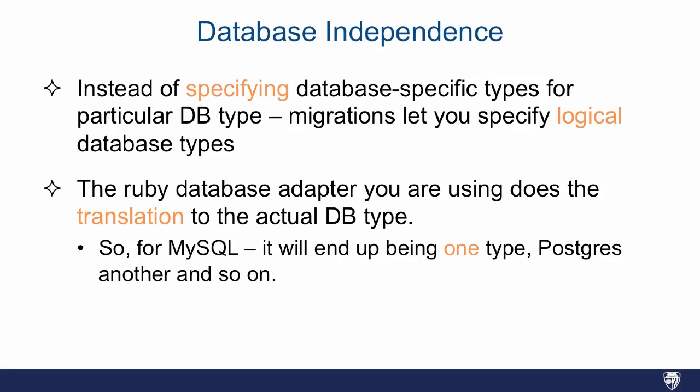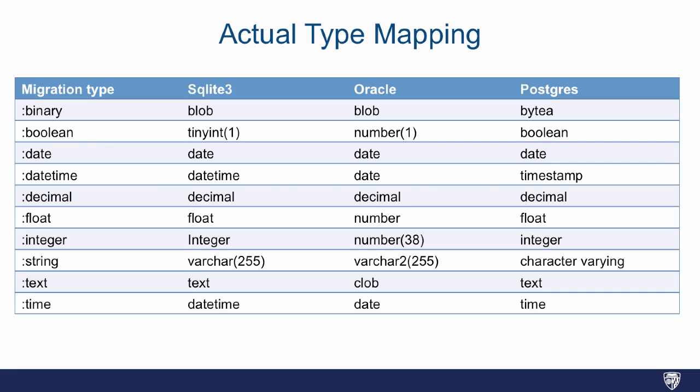So you'll have a MySQL adapter, or Postgres adapter, or SQLite adapter, and what they do is translate the Ruby code that you write to a specific dialect of your database. So for MySQL, it will end up being one type, Postgres another, and so on.